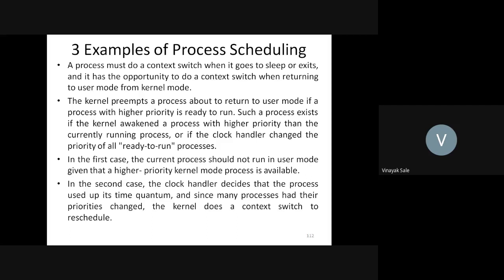In the first case, the current process should not run in user mode given that a higher priority kernel mode process is available. In the second case, the clock handler decides that the process used up its time quantum, and since many processes had their priorities changed, the kernel does a context switch to reschedule.